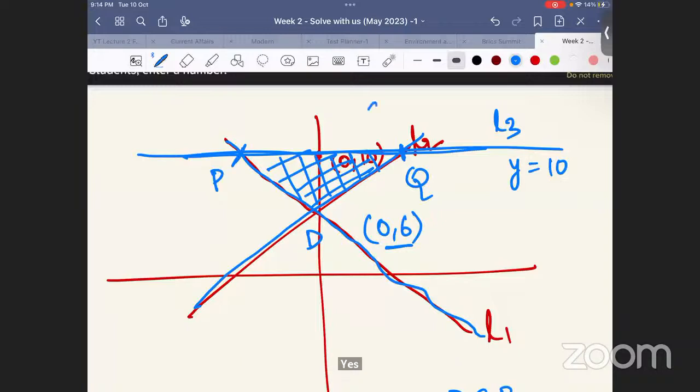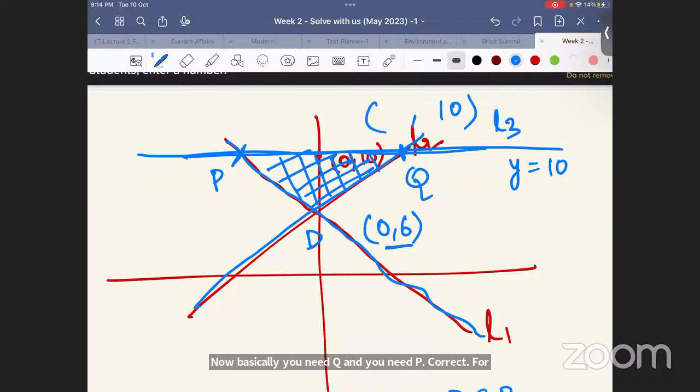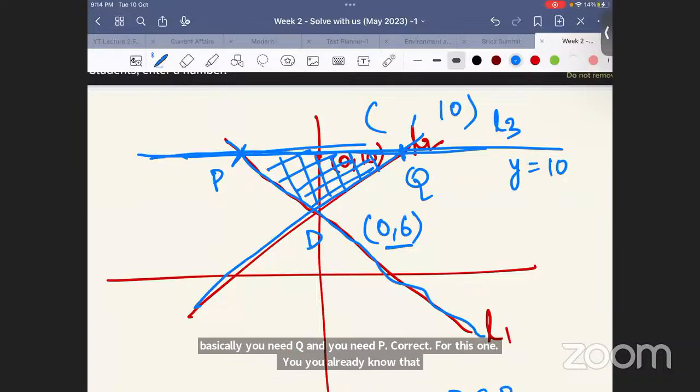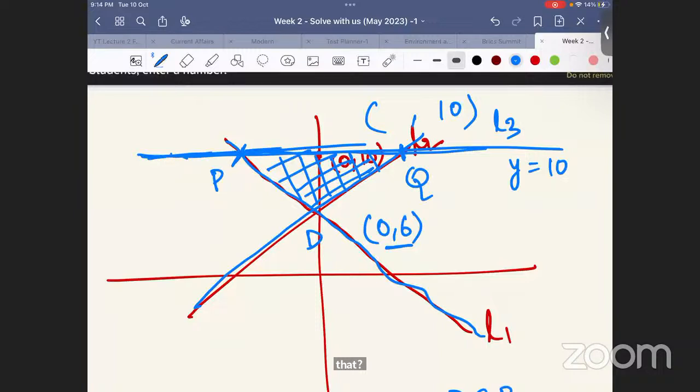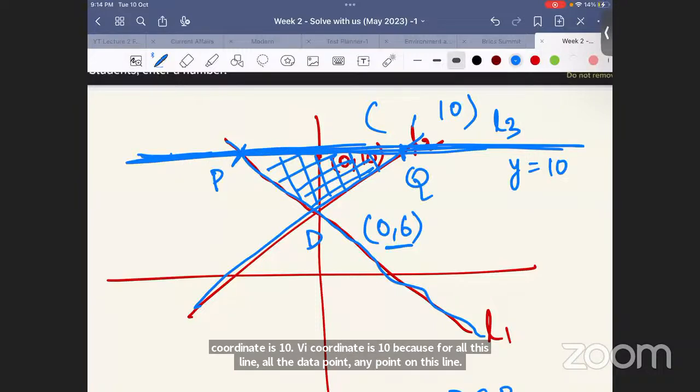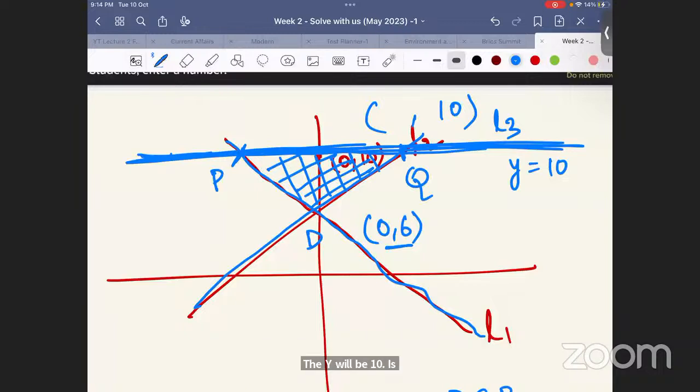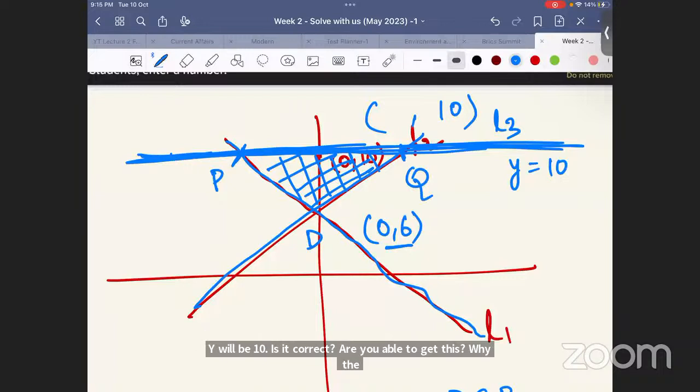For Q, you already know that the y coordinate is 10. Why is the y coordinate 10? Because for any point on this line, the y will be 10. Are you able to get this? Why is the y 10 for all the points? Yes, sir. Correct. So now you need this x coordinate.